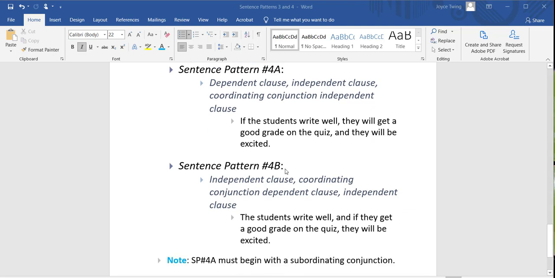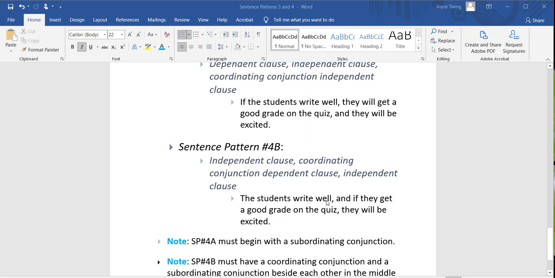Come down here. This is kind of even easier. An independent clause, coordinating conjunction, dependent clause, independent clause. In this case, we did just the opposite. We've got an independent clause, so this one can't start with a subordinating conjunction.